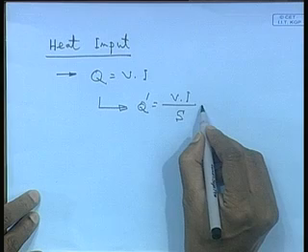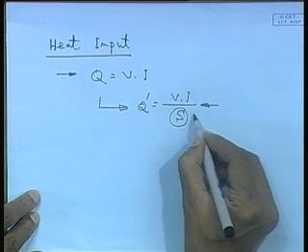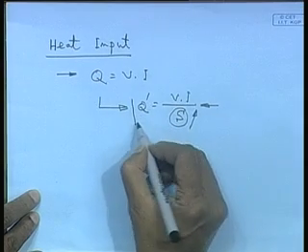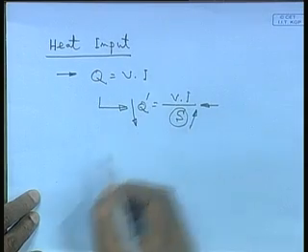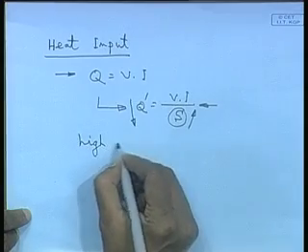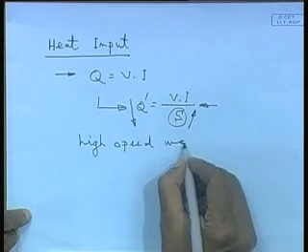That gives us the clue that if I use a very high welding speed, then the heat input rate can be brought down. That means high speed welding, simple as that. To reduce distortion, one should choose a high speed welding process.